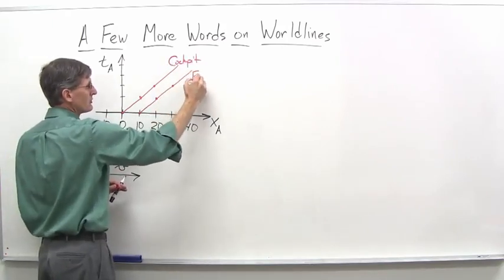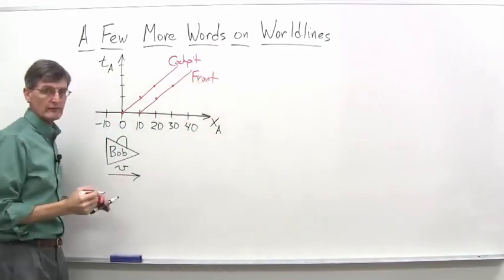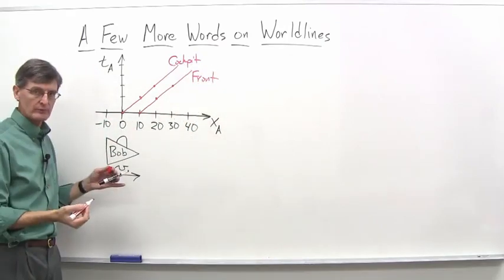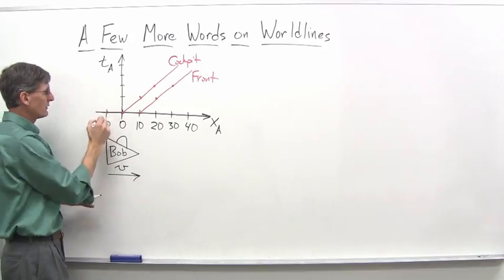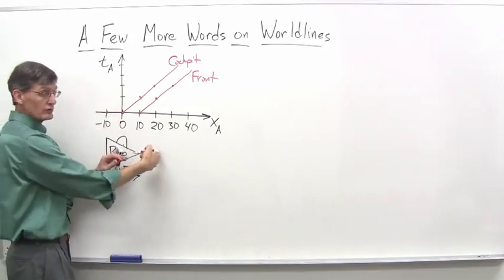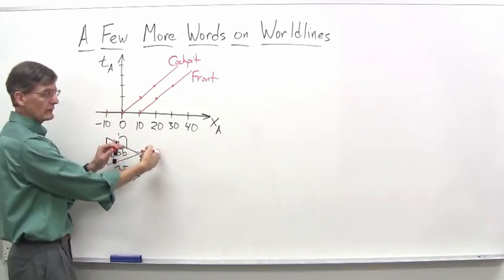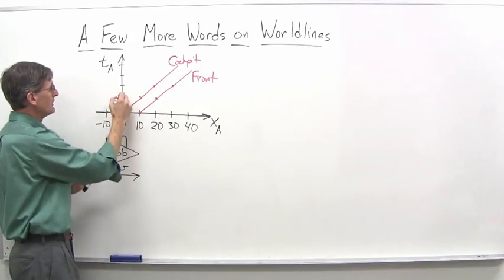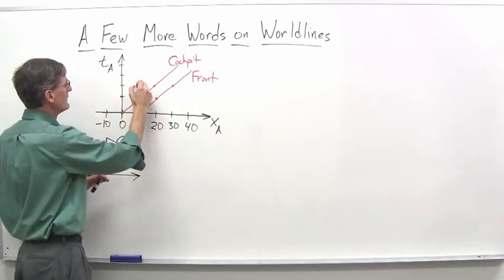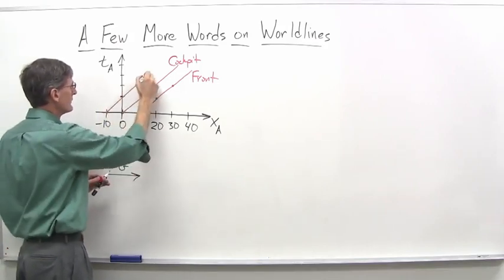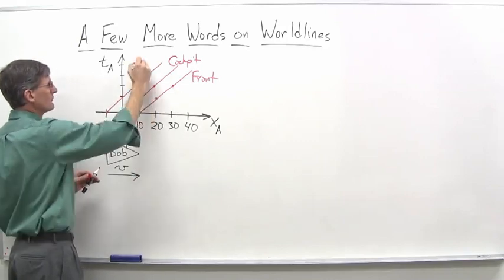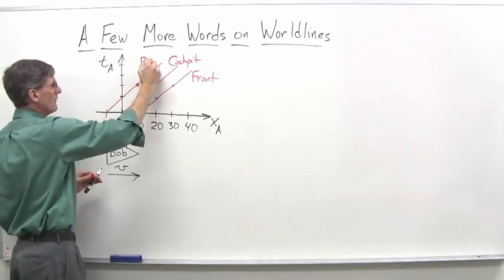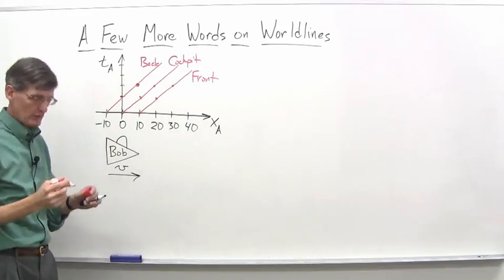This is the world line of the front of the ship, and the back of the ship is similar. Of course, it starts off at t equals 0 here. Then as the ship moves over, 1 second or whatever the unit of time is later, it's going to be here, and then here, and so on and so forth, and we get that as well, more or less. So this is the back of the ship.